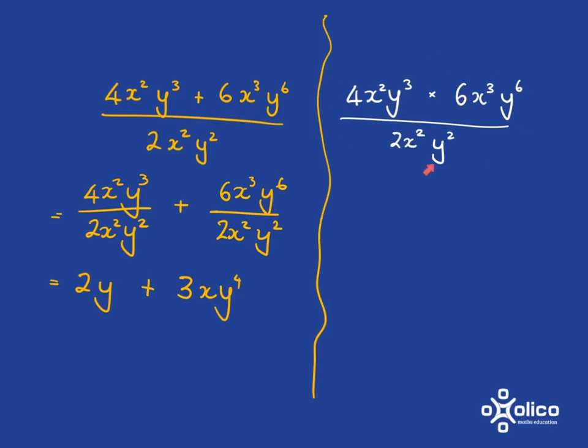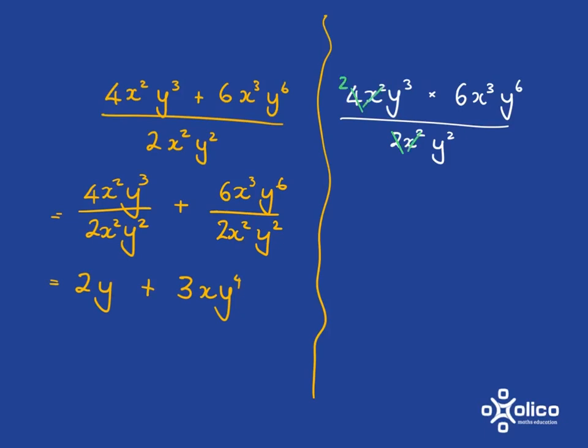This one, in contrast, is very different because you've just got everything multiplied together at the top. So you don't have two separate terms that you need to distribute this into. So you're simply going to just go straight into the division. So 2 divides into 2 and into 4 it goes twice.